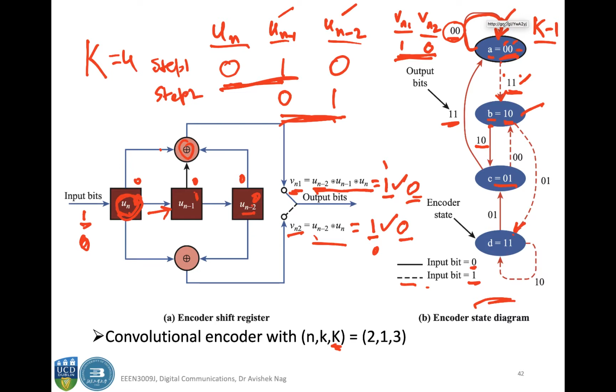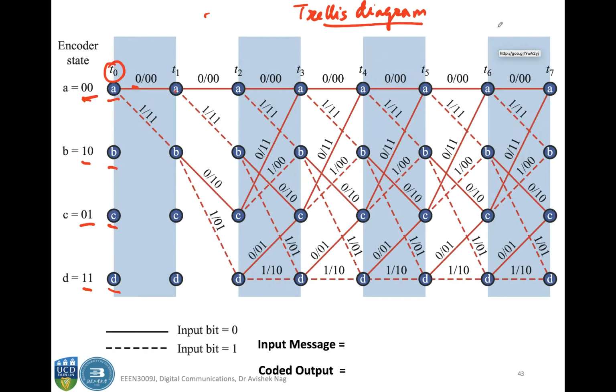If at state A your input is 0, then you have an output 0 0, and you remain in state A, or you loop back to state A. In the trellis diagram, let's say at t0 you are in state A. Now at t1 you can remain in state A if your input is 0, or you can go to state B if your input is 1. These are the two possibilities if you start from state A.